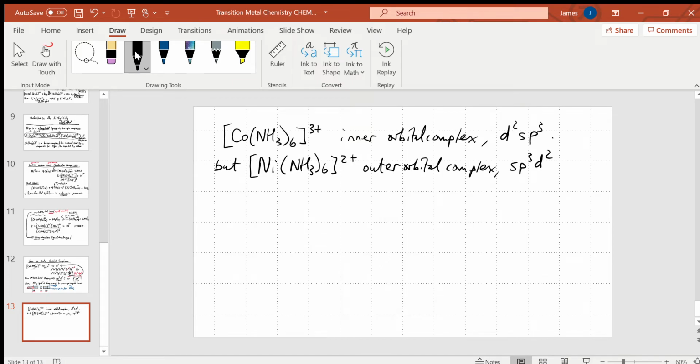So let's have a look. Again, we know that we've got nickel 2+. This is going to be d8. It's d8 because nickel has, just grab my periodic table, nickel has 28 electrons.